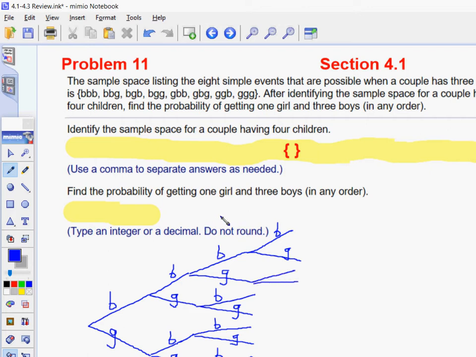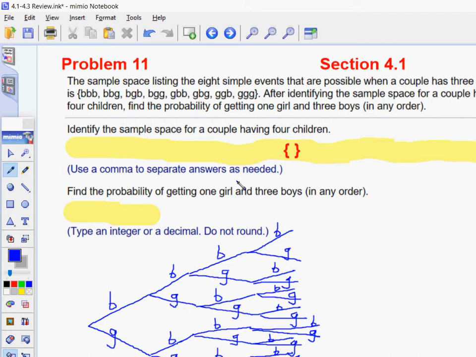And on down the line, we could have a boy or a girl, and so on for each branch, getting a little sloppy here.